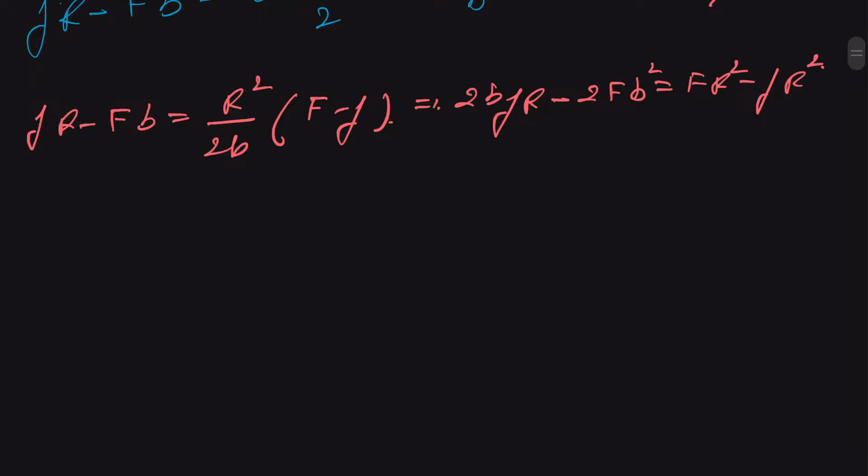And now we can just interchange them, and we get this as our 2 times F R plus f R square is equal to F R square plus 2 times f B square.